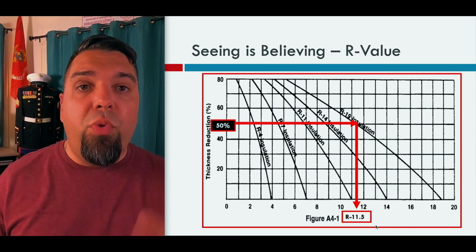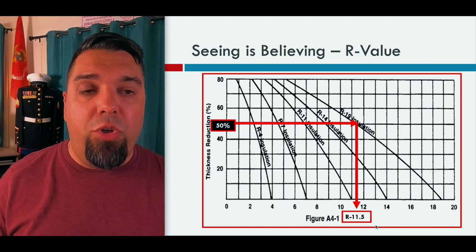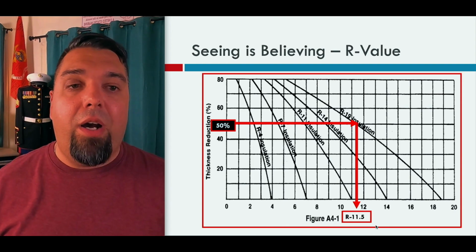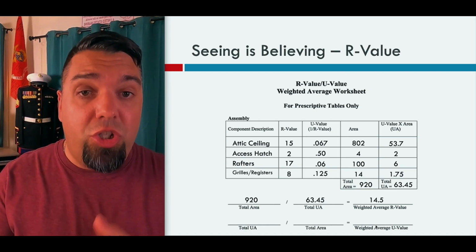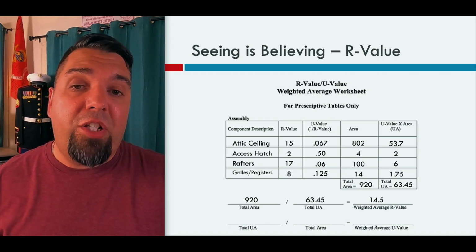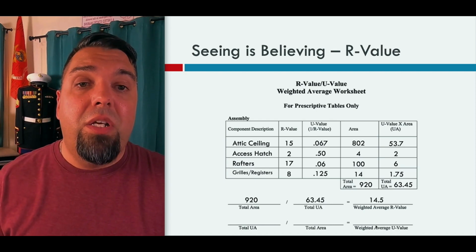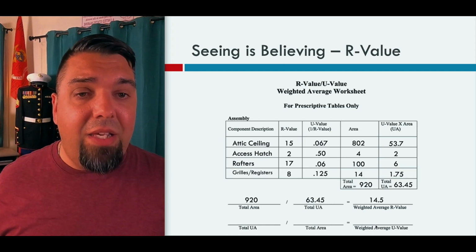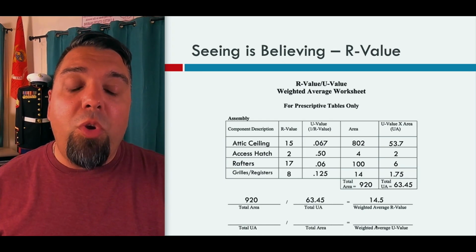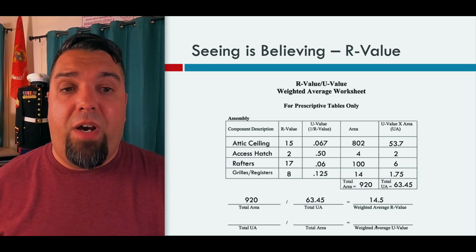If I threw that into the weighted average value of that sheet, instead of R30, I had R15, which is quite possible if you don't have a professional install that insulation. All of the other stuff in the ceiling remaining the same, when I do this math, instead of an R25, I'm only working with an R14.5, right?